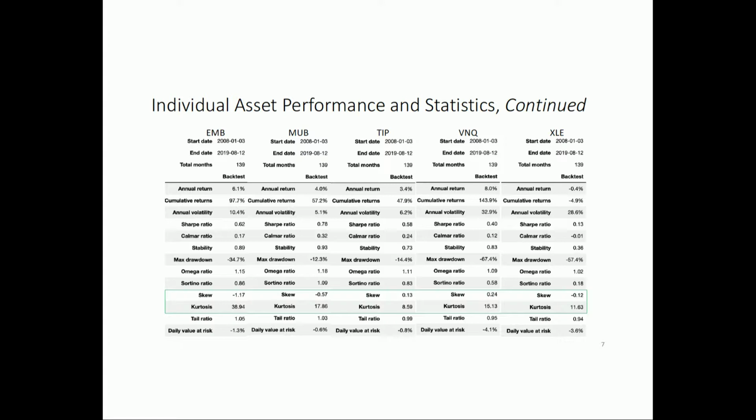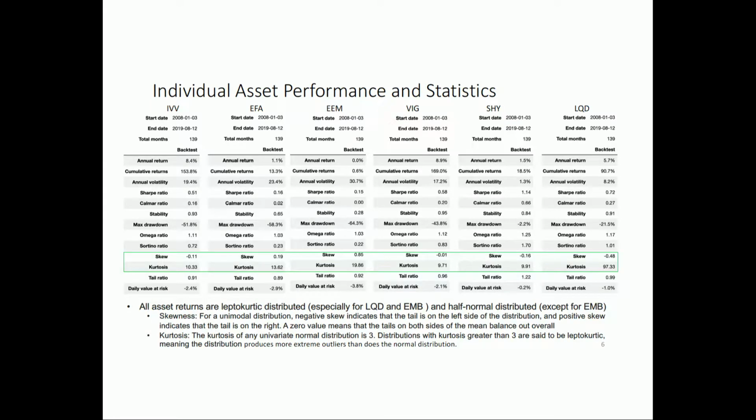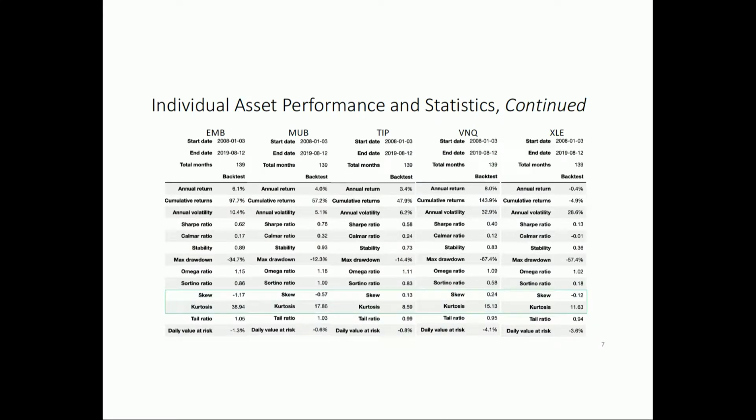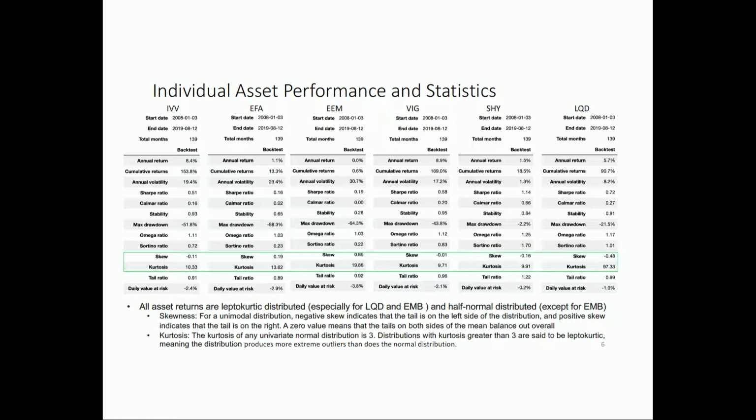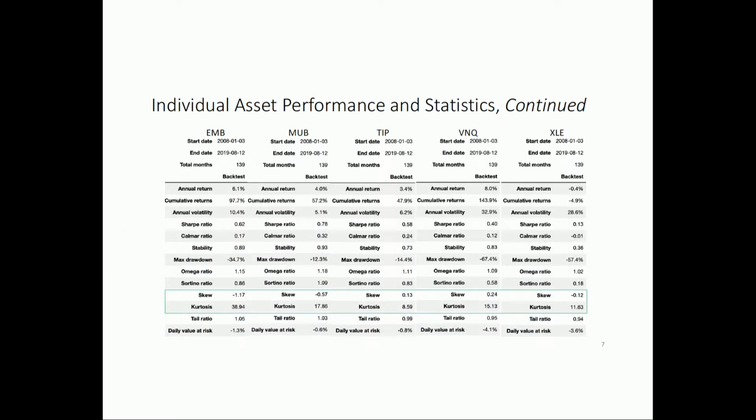If you look at the fourth moment, kurtosis, for a normal distribution, it's usually 3. But if you look at the numbers here, we have 10 for IVV, around 90 for LQD, and 40 for EMB, so it's much, much higher than 3. This indicates that there is some rich information in the tail.